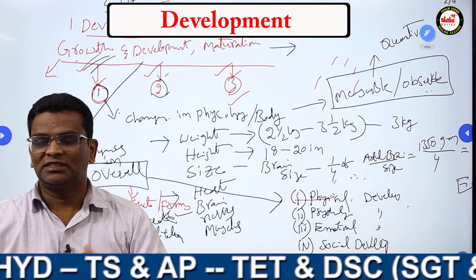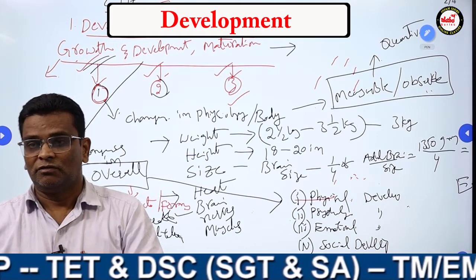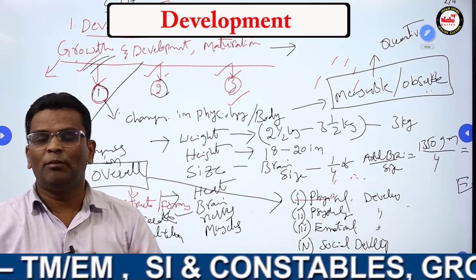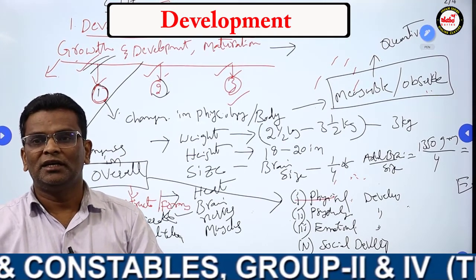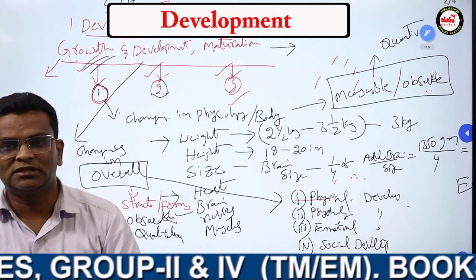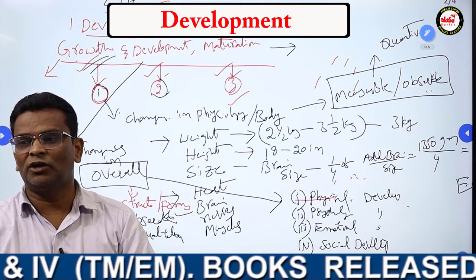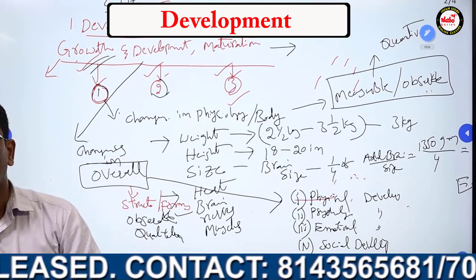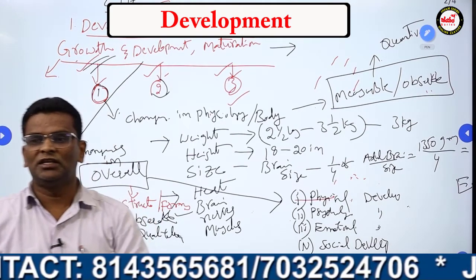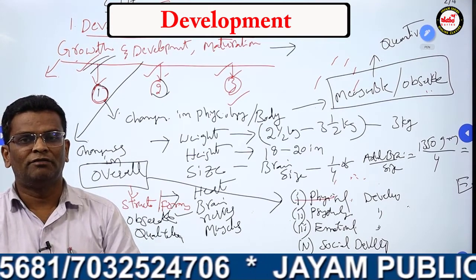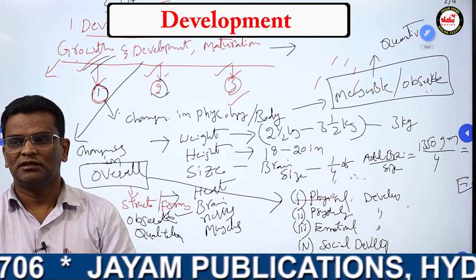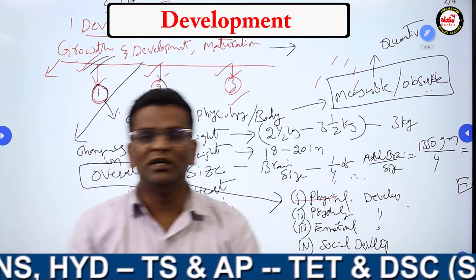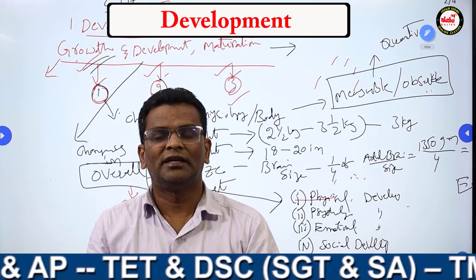Means when certain functions are performed by mind and body, automatically a person learns so many things. That is called as maturity. Maturity means functioning of inside. Maturity means doing right thing at right time.